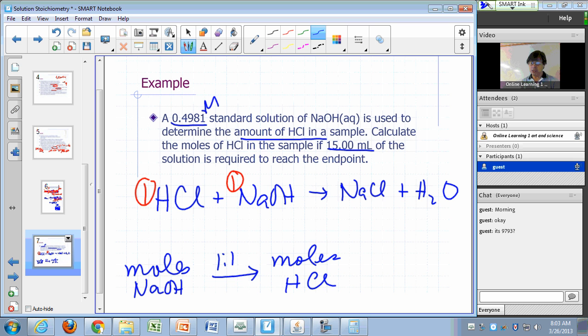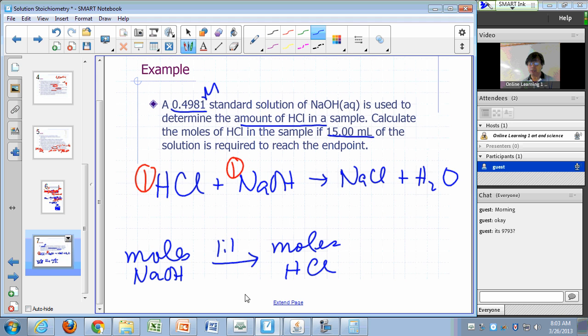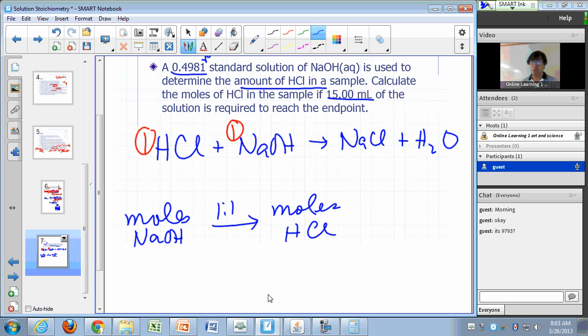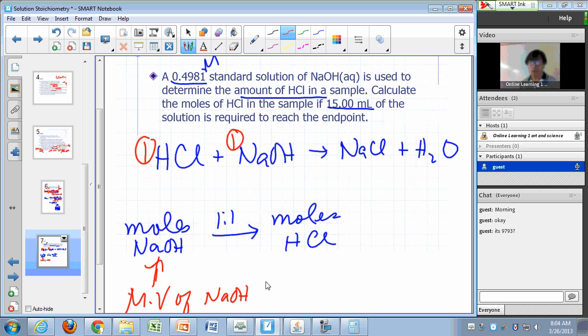So the question is, how do I know moles of sodium hydroxide? Well, moles is just molarity times volume of your titrant, which in this case is sodium hydroxide. What's my sodium hydroxide here? 0.4981.